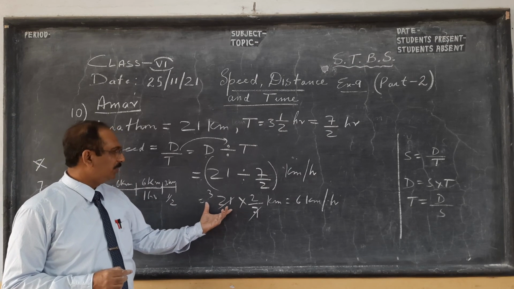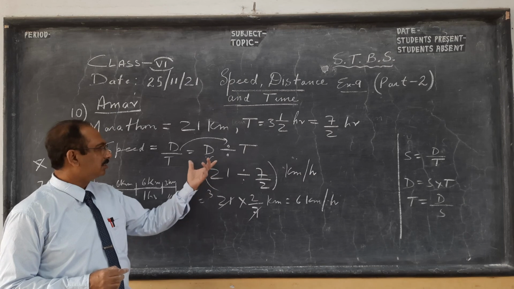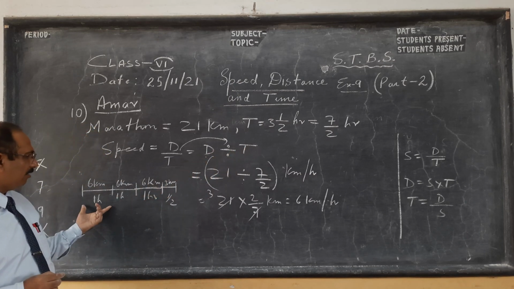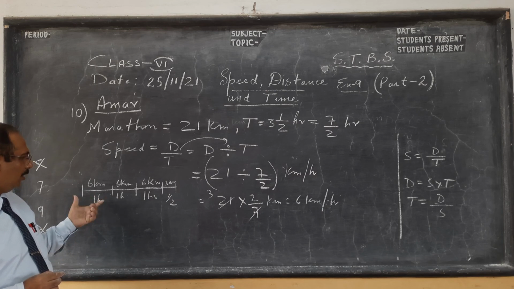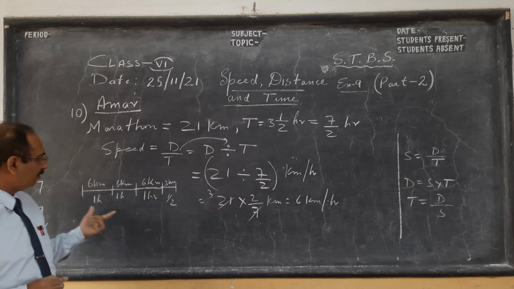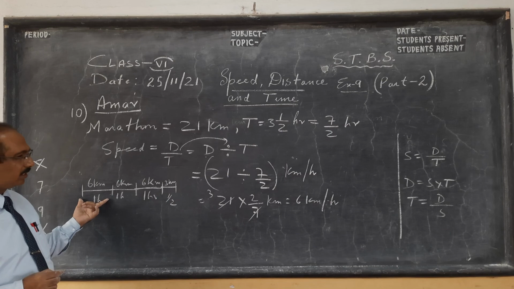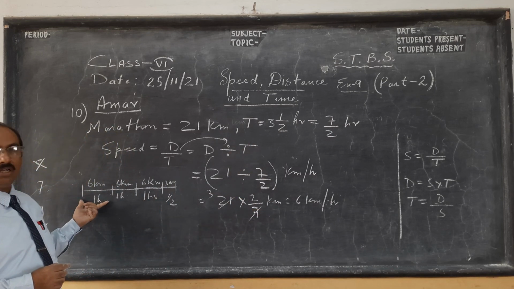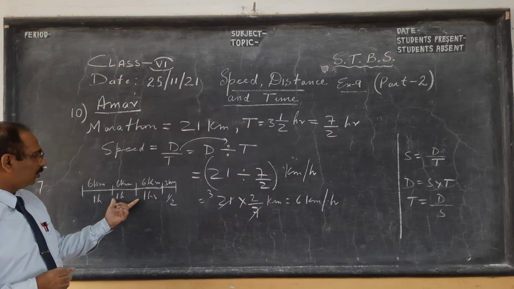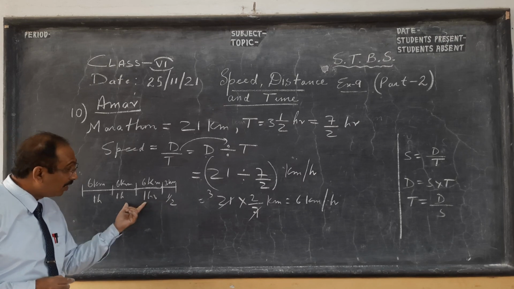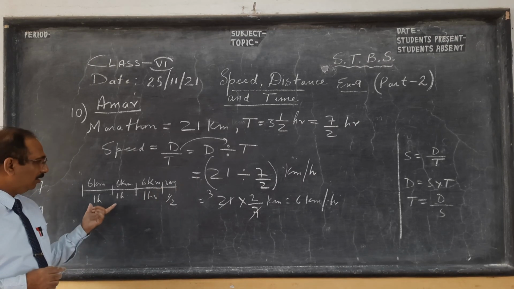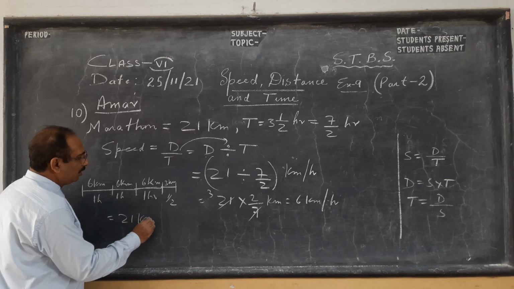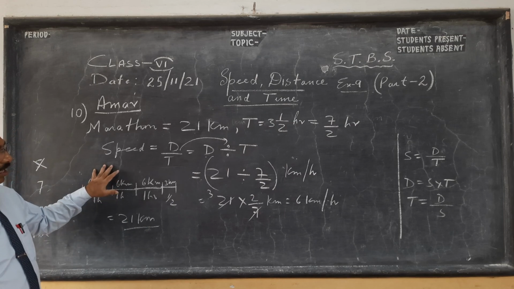How we got the speed? Speed is distance divided by time. So see how we verify the answer. 1 hour 6 kilometer, another hour 6 kilometer, 3 hours 18, and half an hour he'll run 3 kilometer, children. So he runs total 21 kilometer in 3.5 hours.